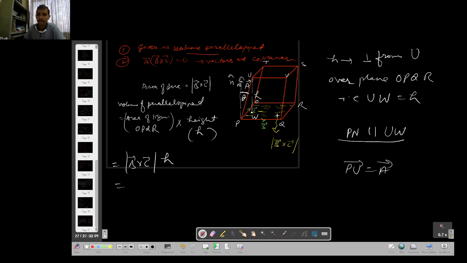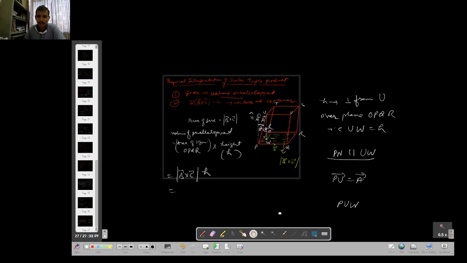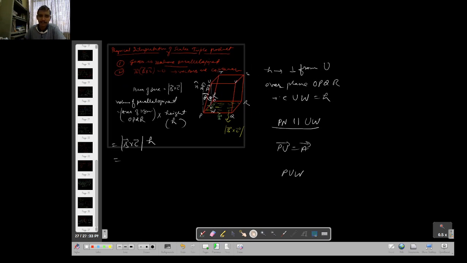So now this angle is theta, then this angle is also theta. So in triangle PUW, I can say that angle PUW is equal to NPU.